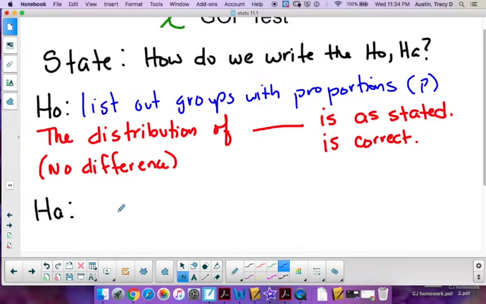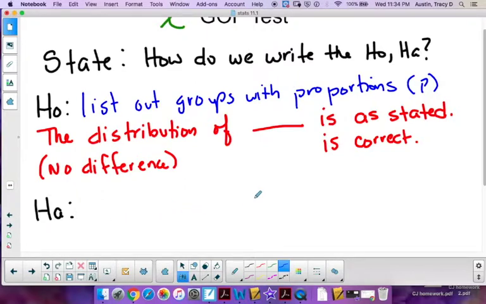So we're not allowed to say that they're all wrong, right? Which would be saying the distribution is incorrect. We're also not allowed to state that a specific proportion within the population is wrong, because we're not testing for any specific one group. We're testing that all of them are actually working.